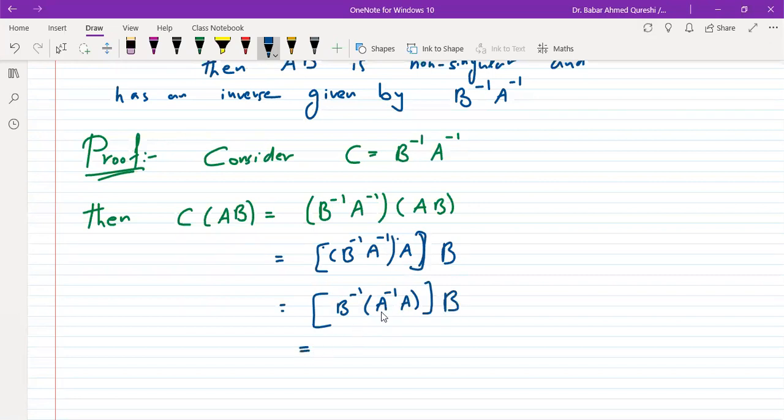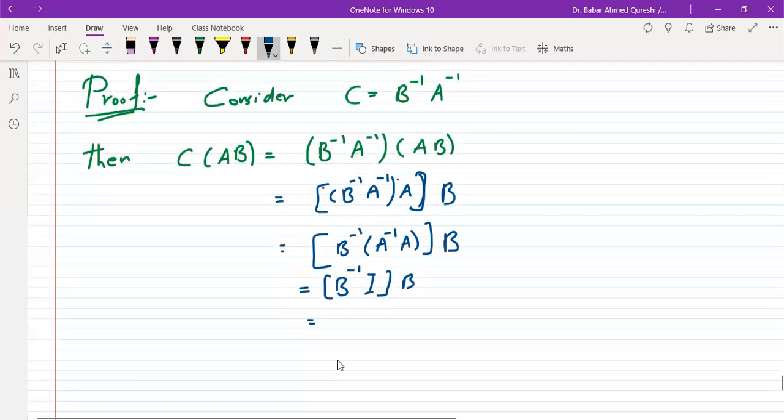But since A inverse was an inverse of A, this is just identity. And identity with any matrix gives me back the matrix. I should have said it before. Again, since B inverse is the inverse of B, I get identity.